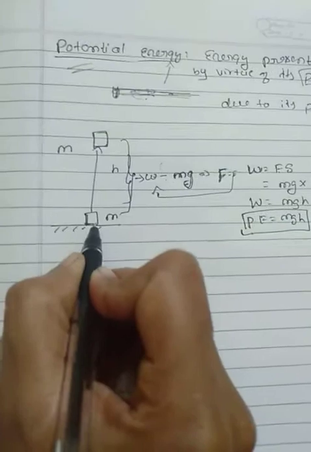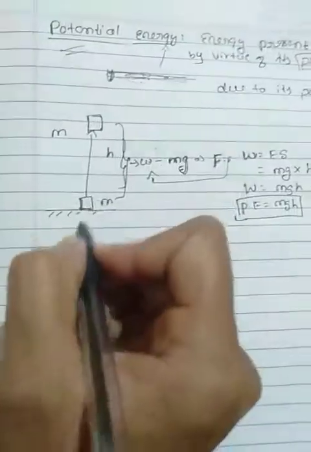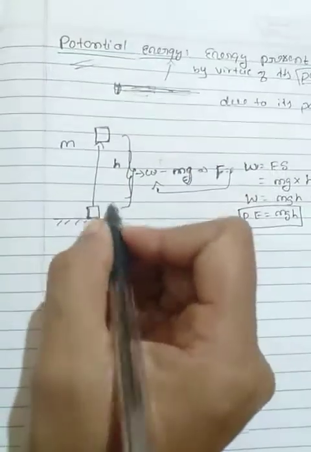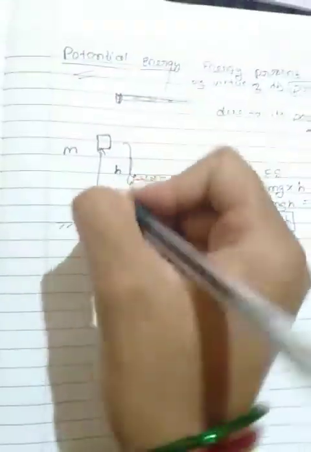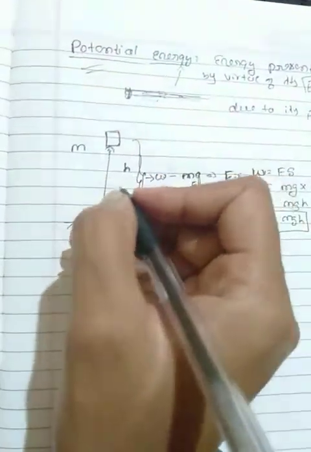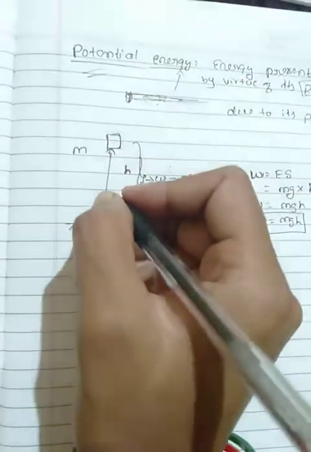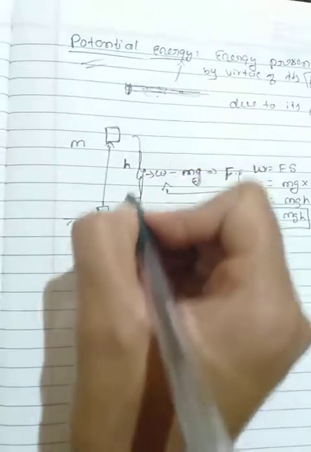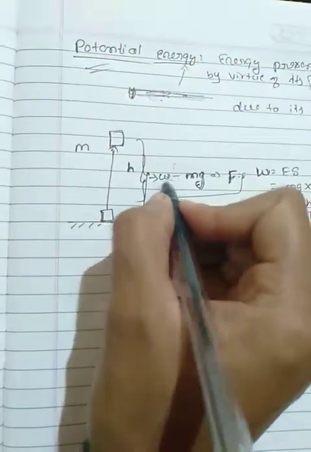Once again I repeat here. The object is at the ground. When it is raised to some height, represented by h, the object requires minimum energy to rise through a height of h, which is equal to its weight.